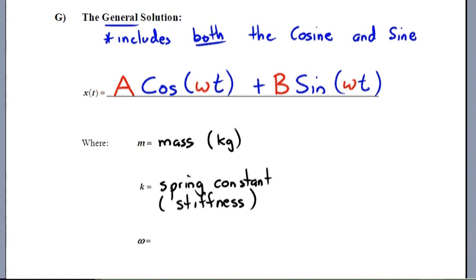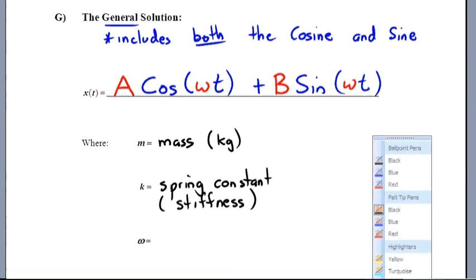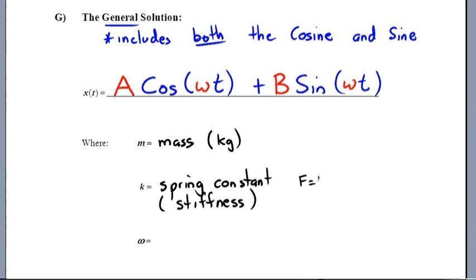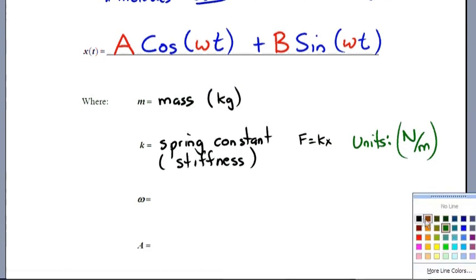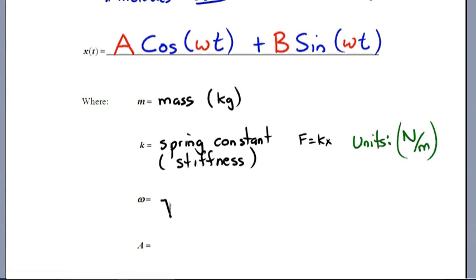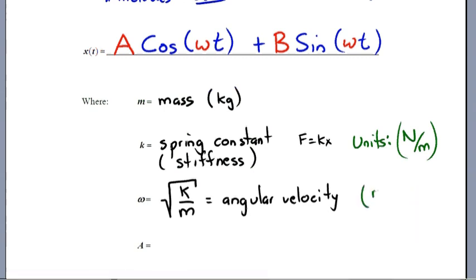And the equation that we use, good old F equals kx, is kind of what you might know for using that, suggests that the units would be newtons per meter. Omega, this is that angular velocity, and you can calculate it by doing nothing but the square root of k over m. Okay, so that's our angular velocity. It's a way of describing bounce rate that's really, really useful for graphing. The units for it, radians per second.